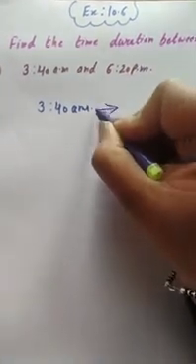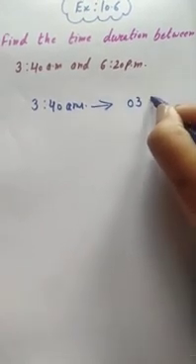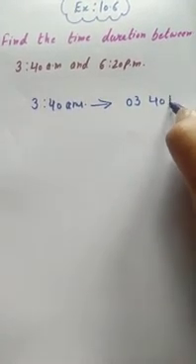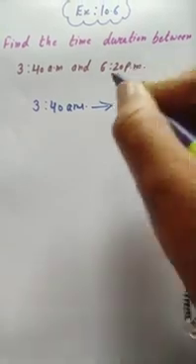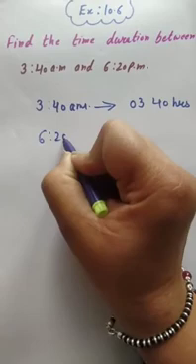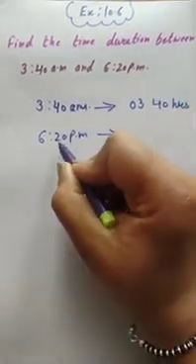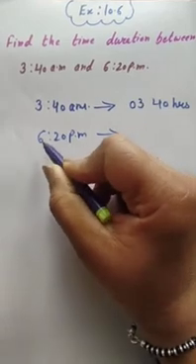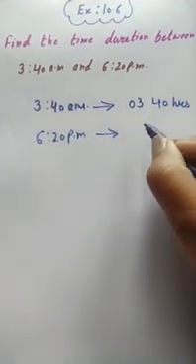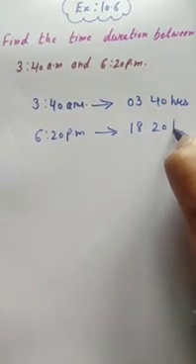So 3:40 AM we will write as 0340 hours. And 6:20 PM, here the time is in PM, so we will add 12 to 6 and we get 1820 hours.